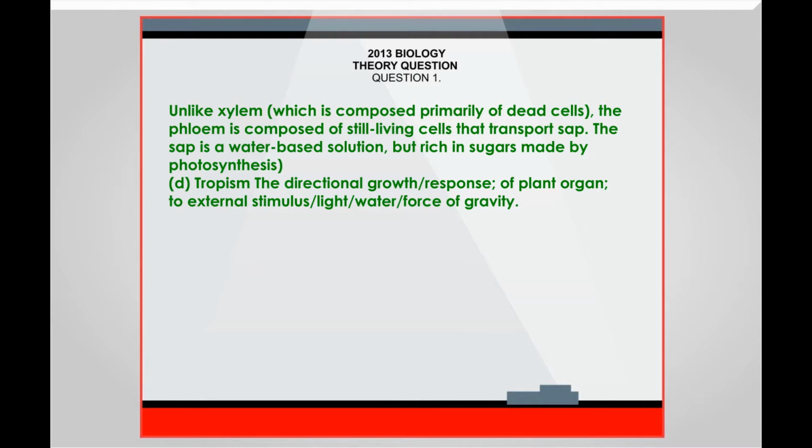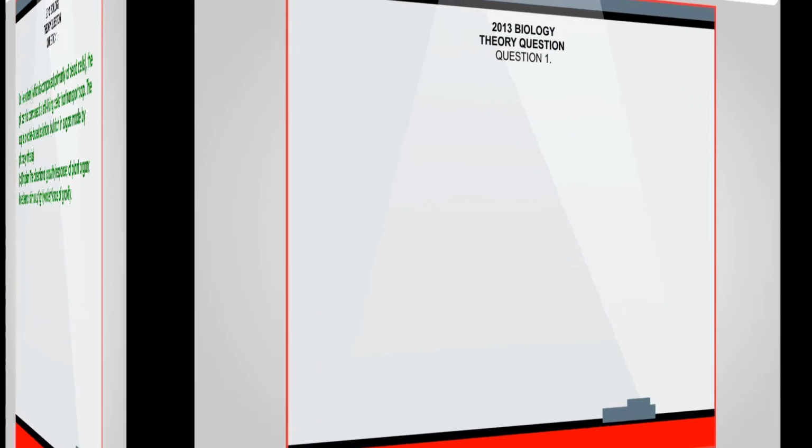Unlike xylem, which is composed primarily of dead cells, the phloem is composed of still living cells that transport sap. The sap is a water-based solution but rich in sugars made by photosynthesis. Tropism: the directional growth/response of plant organ to external stimulus, light, water, force of gravity.